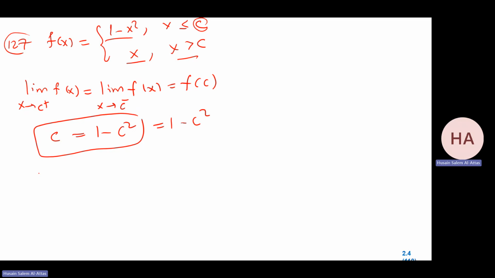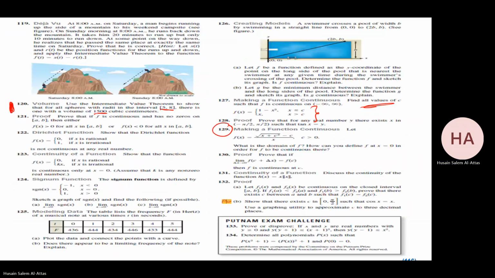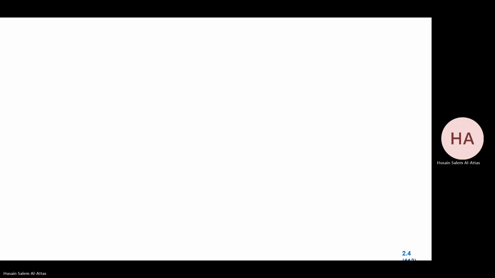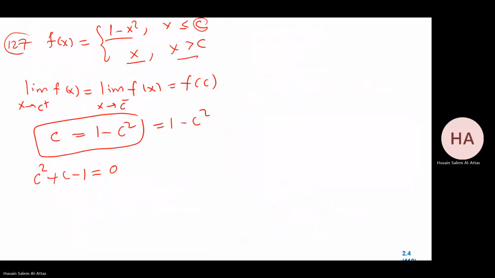So I just need to solve this equation: 1 minus c squared is equal to c, so c squared plus c minus 1 equals 0.